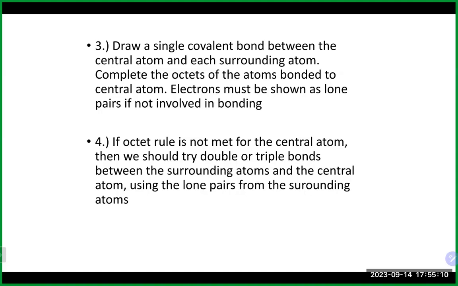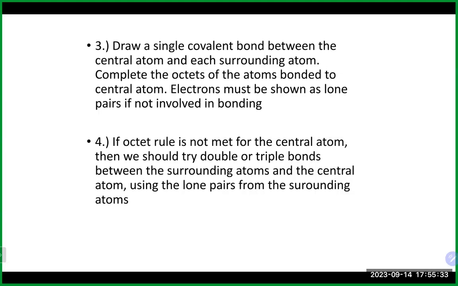Once you've drawn a single bond to all the outside atoms, you will have used up a certain number of electrons. Take whatever electrons are left and put them on the outside atoms first, as pairs of dots, until each of the outside atoms has 8 electrons around it. Obviously, except for hydrogen, which should only have 2.